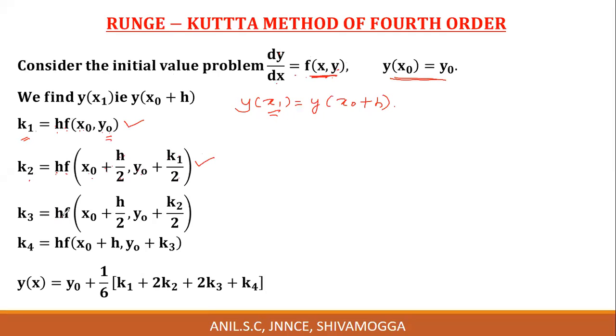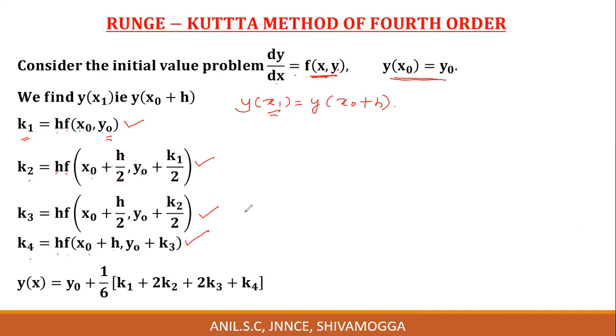And k3 is given by h into f of x0 plus h by 2, comma y0 plus k2 by 2. Similarly, the fourth component is k4 is equal to h into f of x0 plus h, comma y0 plus k3. These are the four components we need to calculate in every problem.